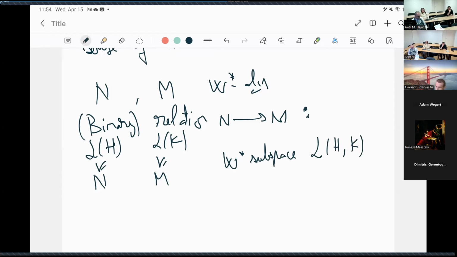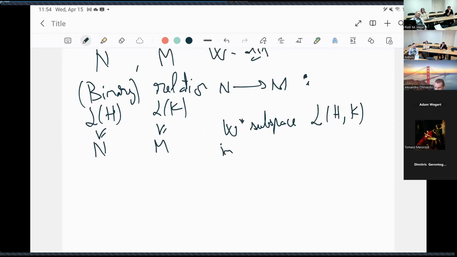Invariant under left and right multiplication by the commutants of M and N. So if N and M live in H and K respectively, I'm going to need to multiply on the left by M prime, the commutant, and on the right by N prime.